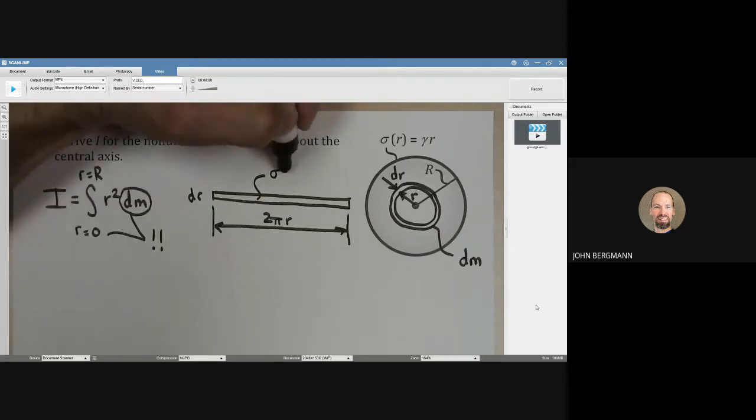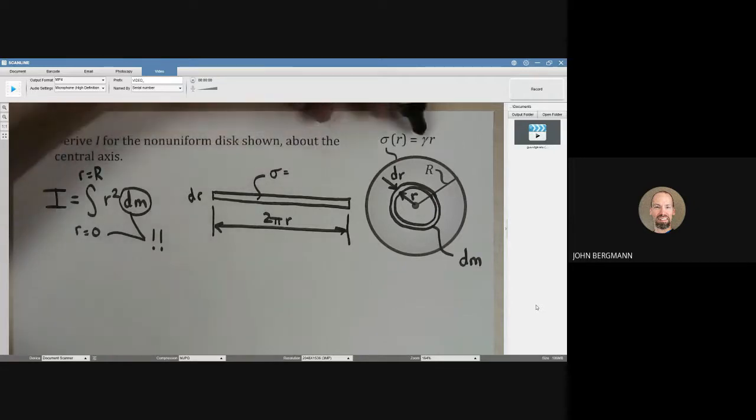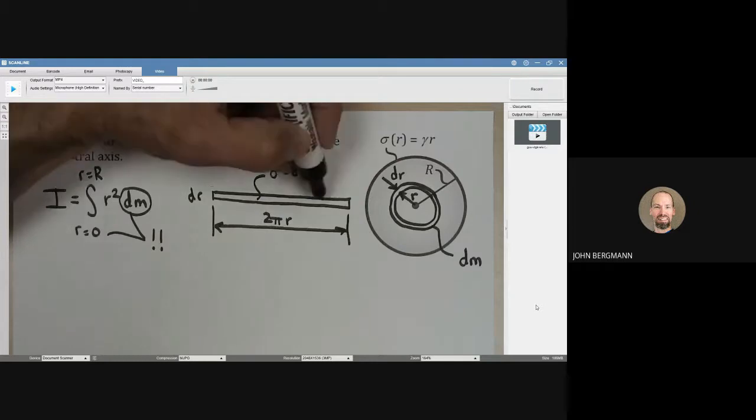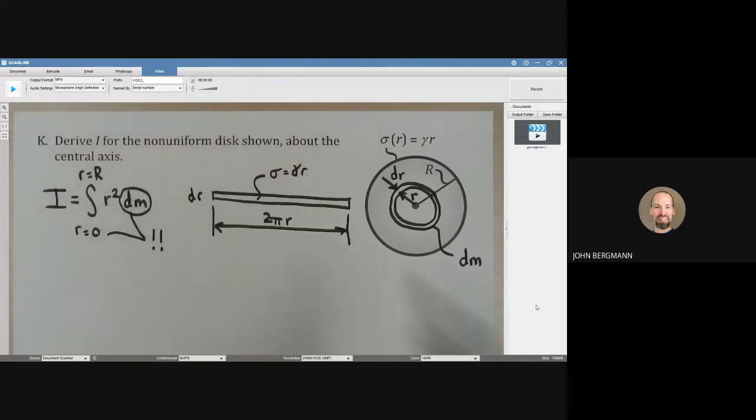Now that sigma is specific to that value of r, and because of the equation, it's equal to gamma times r, and then this whole thing is dm right there.